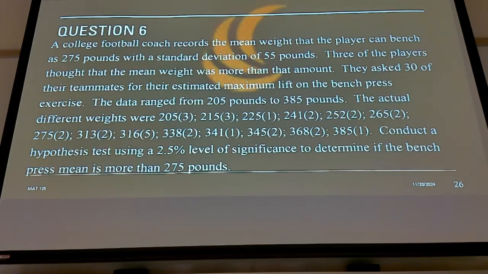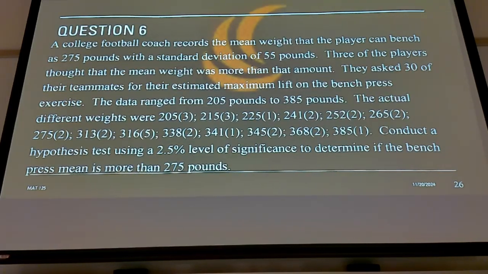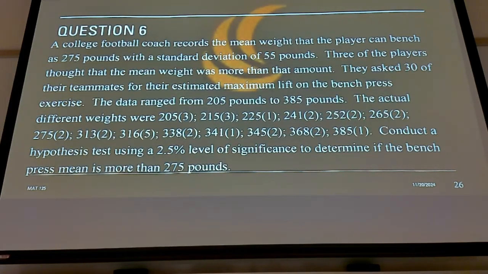They asked 30 of the team. That's why you then have to look at the sample size. Sample size is 30, so it doesn't matter. So yes, we can perform a hypothesis test. If we already knew the population was normal, the sample size doesn't matter.